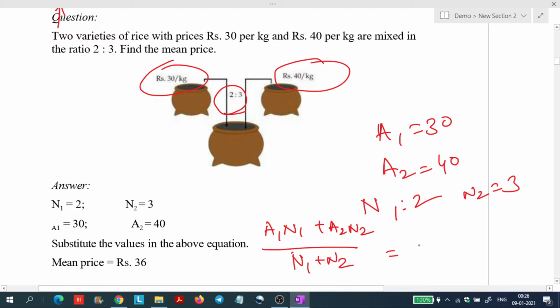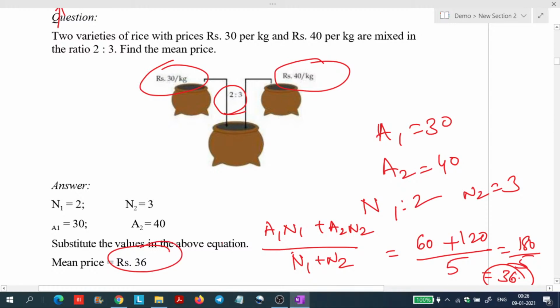So 30 into 2 is 60, plus 40 into 3 is 120, divided by 5. That is 180 by 5, so that is 36. The mean price is 36.